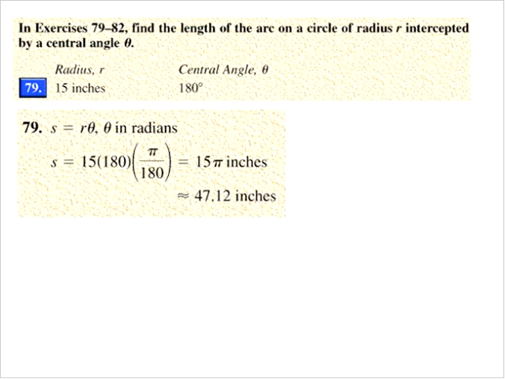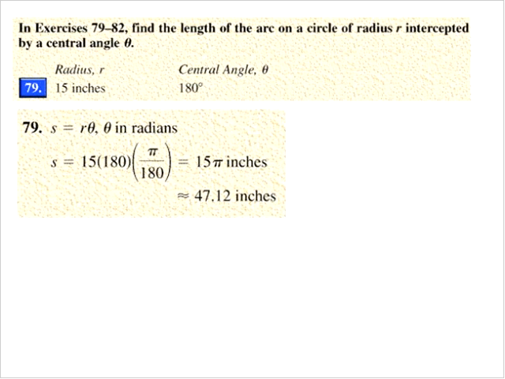And the next one here, this time I know the central angle and I am trying to find the arc length. So let's say we have 15 times 180, but notice that 180 is actually the degree measure, not the radian measure. So I need to convert this to radians.